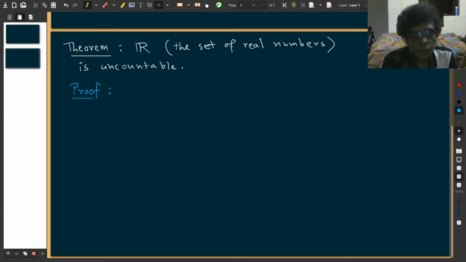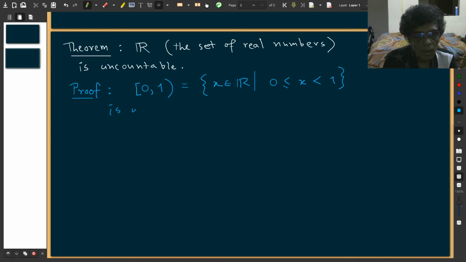So instead of proving this statement, I will prove that this interval [0, 1), which is the set of all real x such that 0 is less than or equal to x, and x is less than 1, so the set of all proper fractions, you may call it, is uncountable.